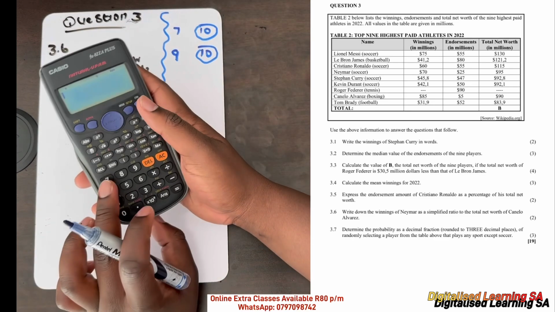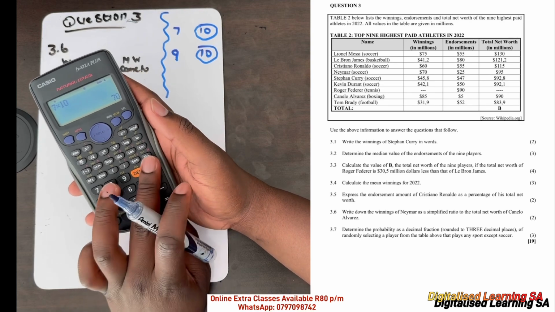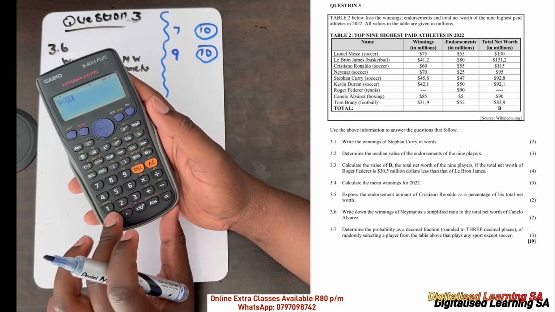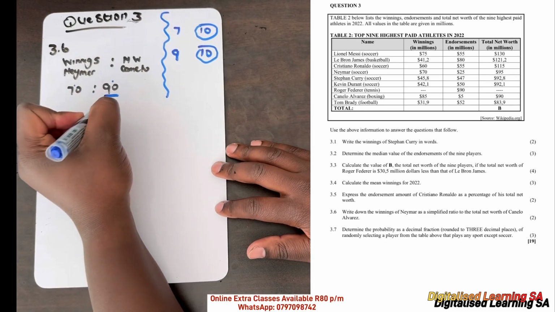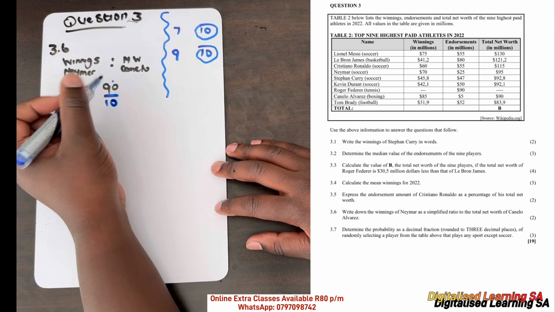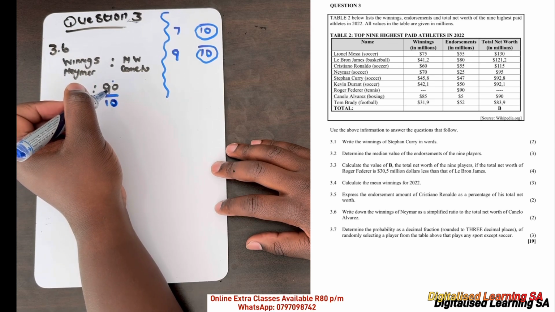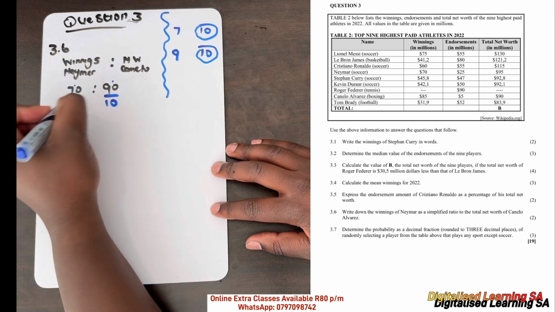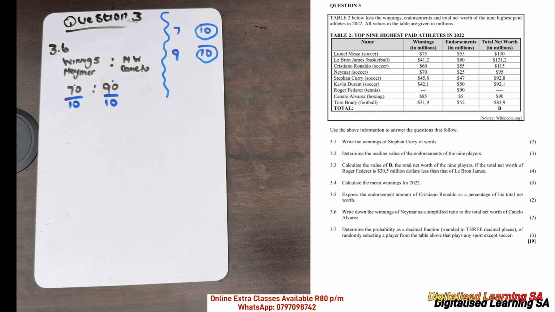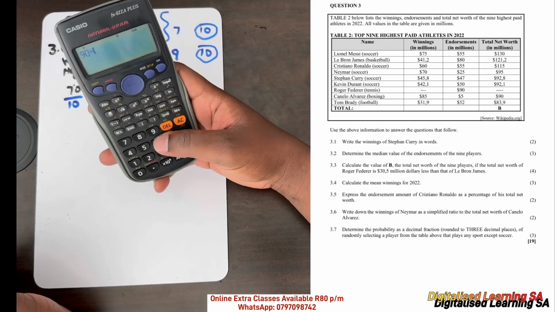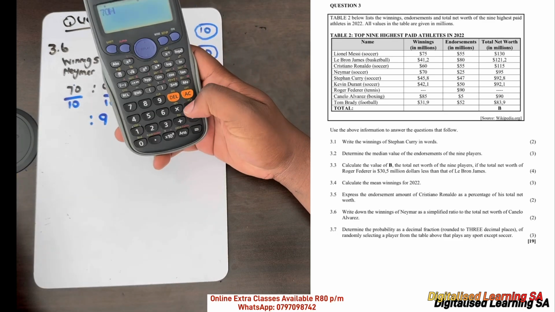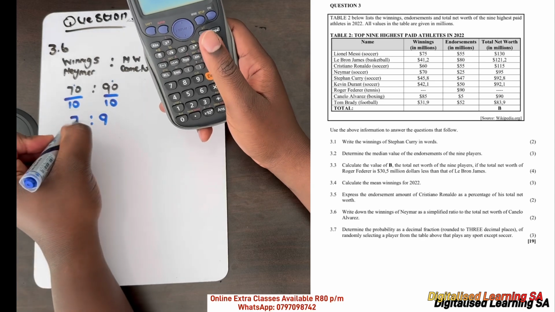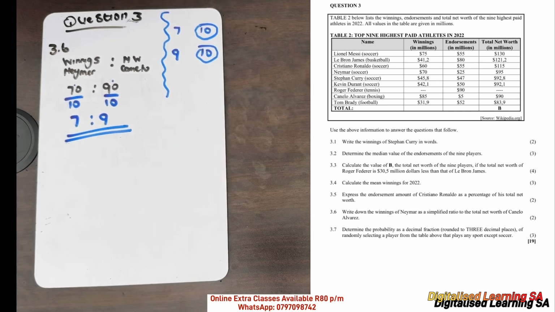So we are going to divide by 10, and remember that what we do on one side, we also need to do on the other. 90 divided by 10 gets 9, and 70 divided by 10 gets 7. So this is our simplified ratio.